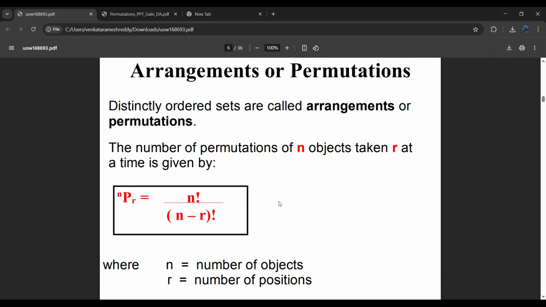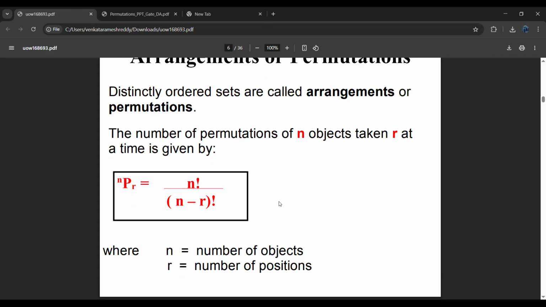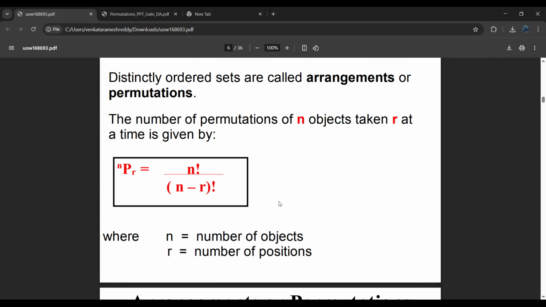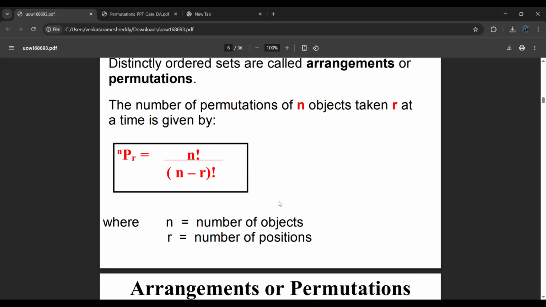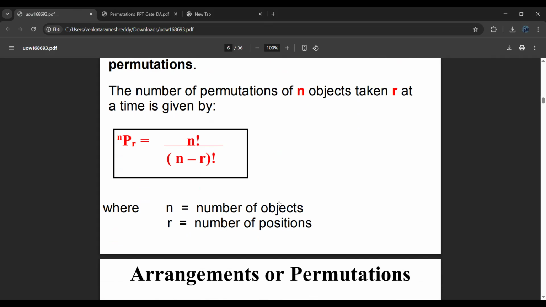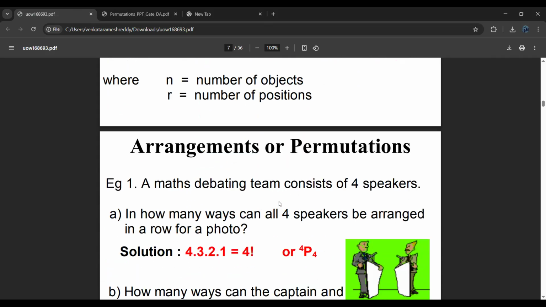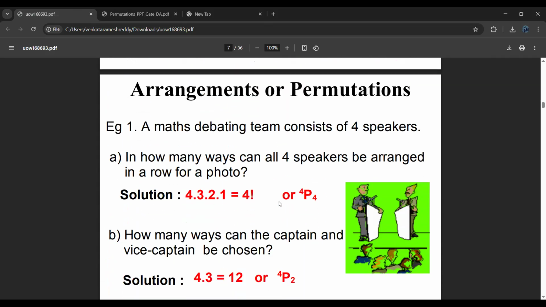We can write nPr as n factorial by (n minus r) whole factorial, where n is the number of objects and r is the number of positions. r determines the number of positions and n determines the number of objects. So arrangements are permutations. We will see some examples.